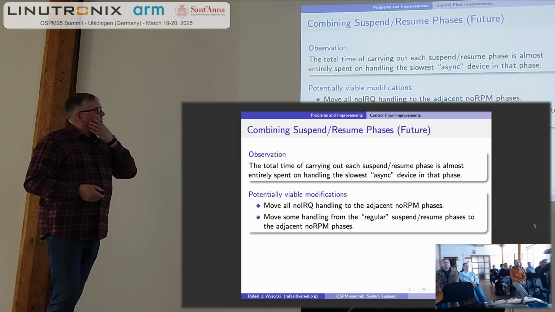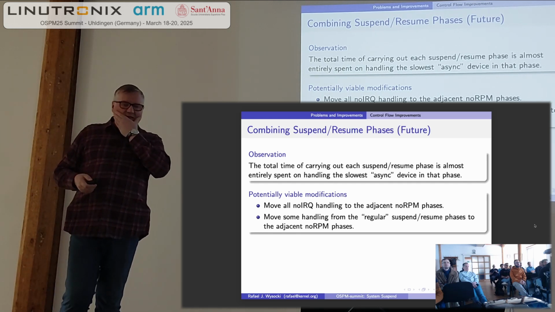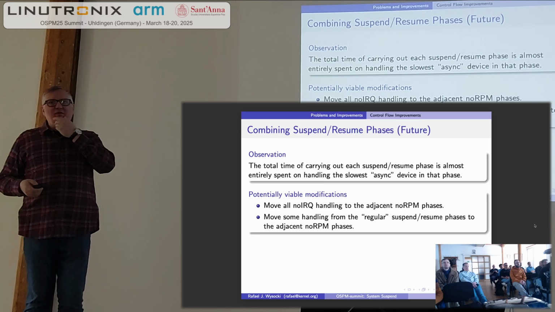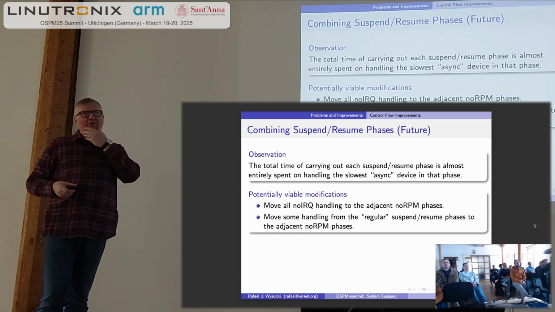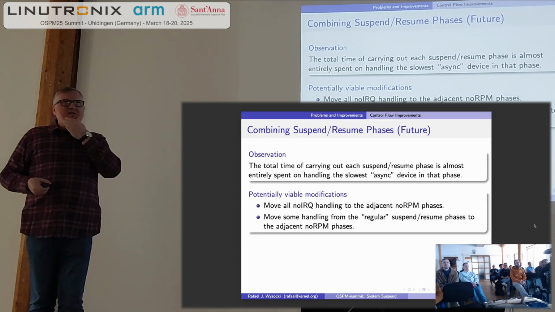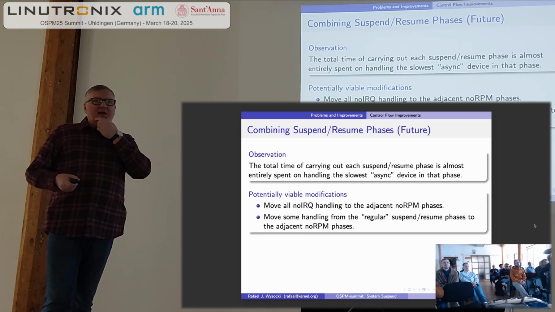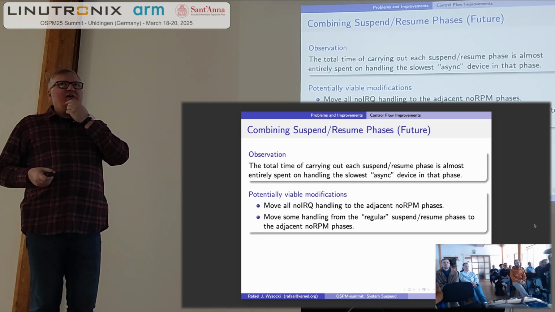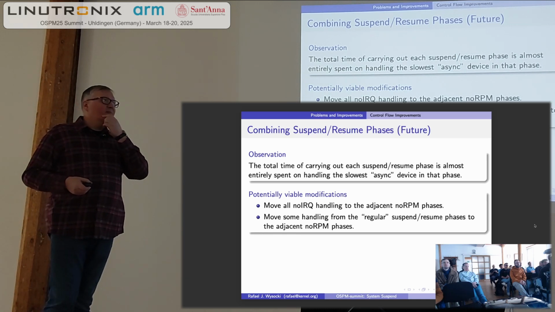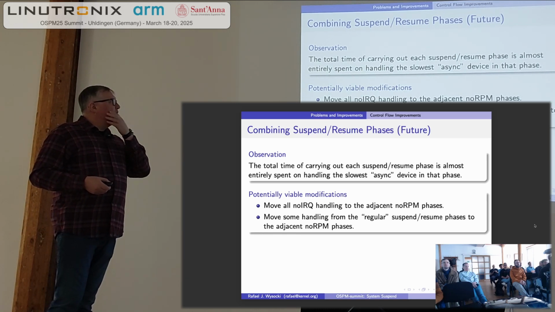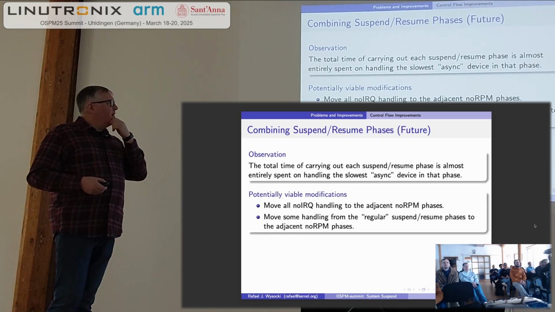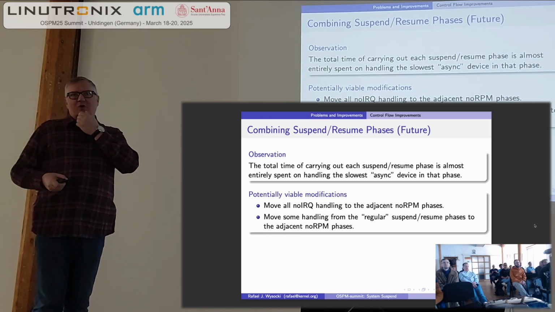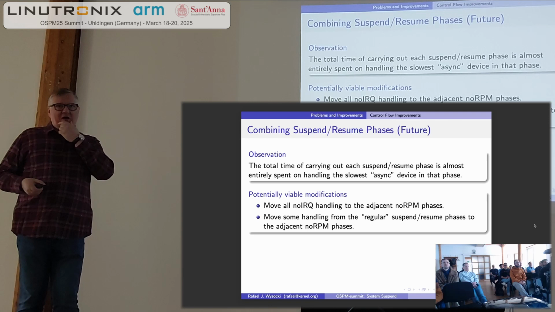Now there is one observation that can be used to speed up suspend and resume. We have those phases, and there are reasons for having them, but this could be sped up by making things happen in parallel with each other, even more than it is done now.